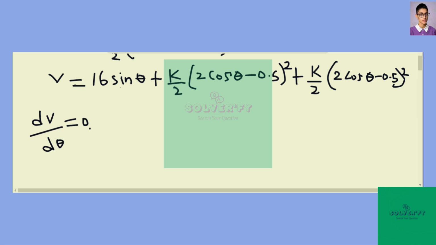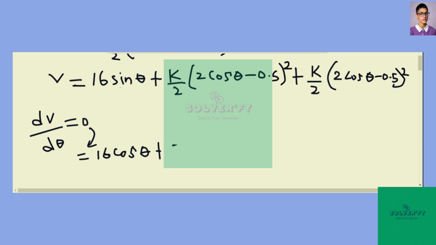If you substitute that, you're going to have 16 cos theta, plus 2 over 2, minus 16.